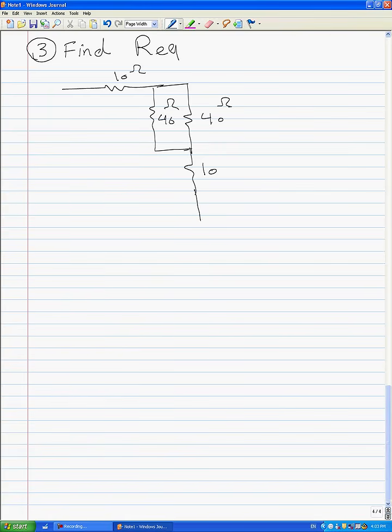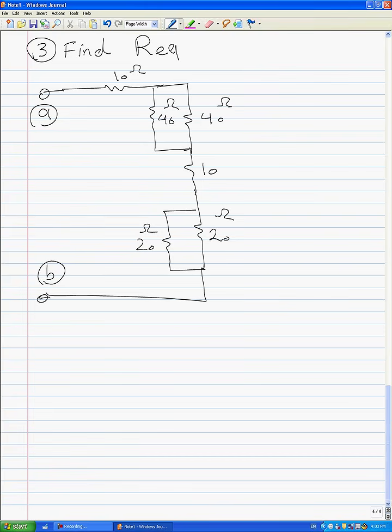And here we have 10 ohms. And here we have 20 and 20 ohms. Here we have A, and here we have B. That's why equivalent resistance is also called RAB.